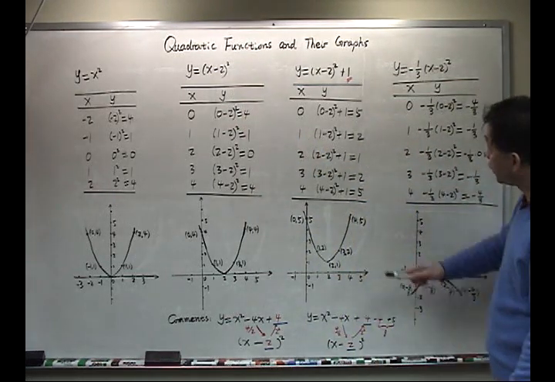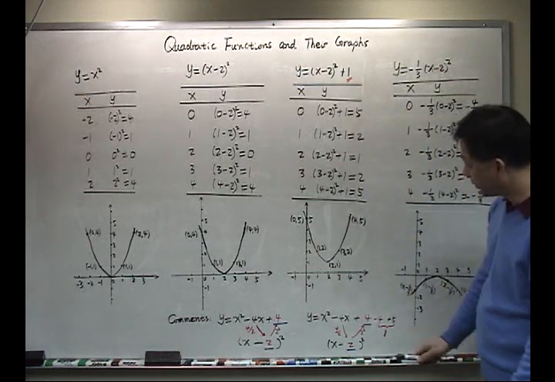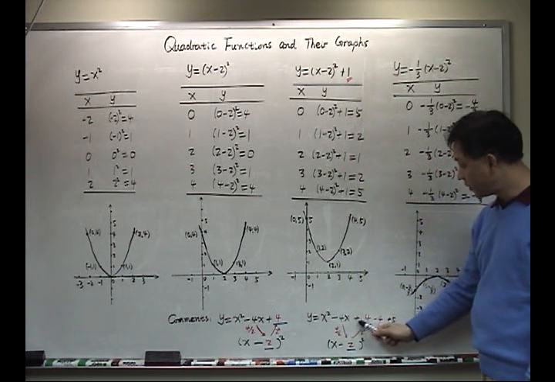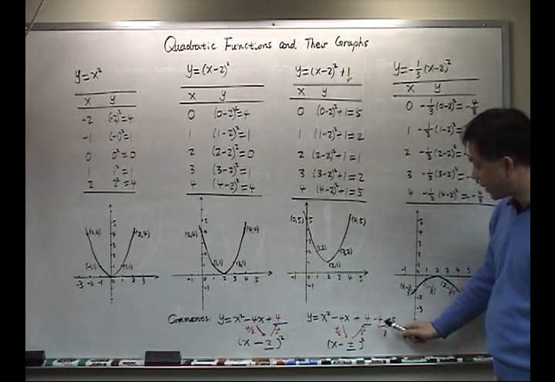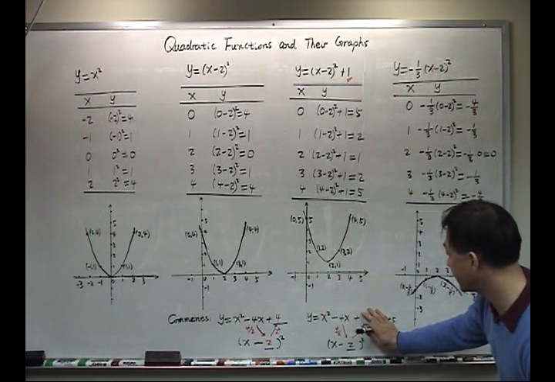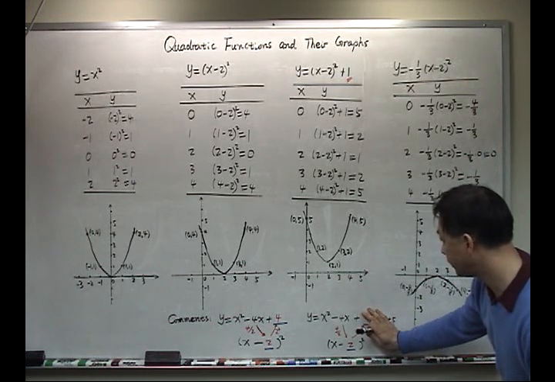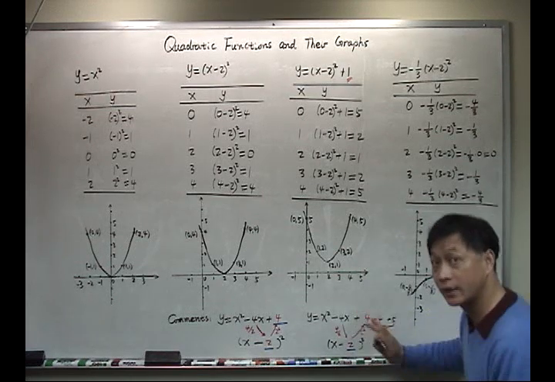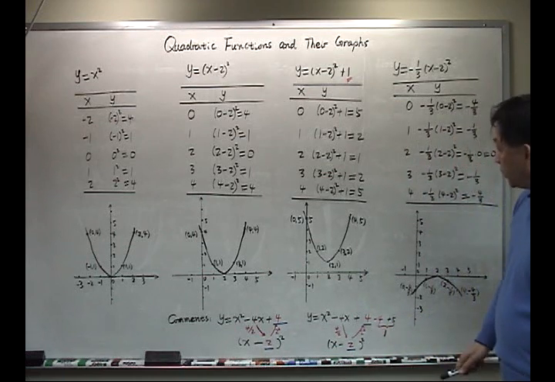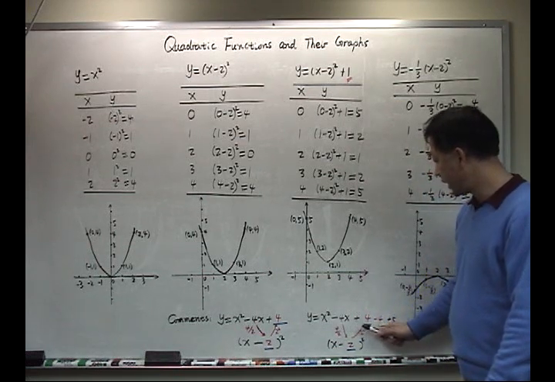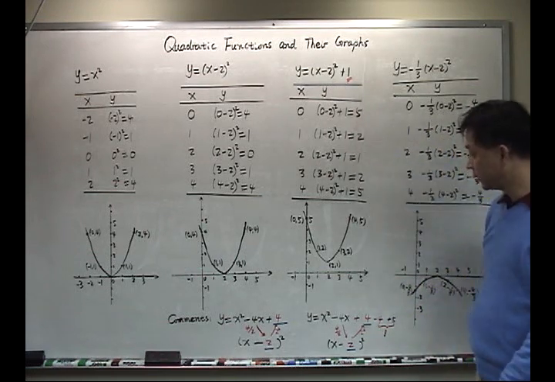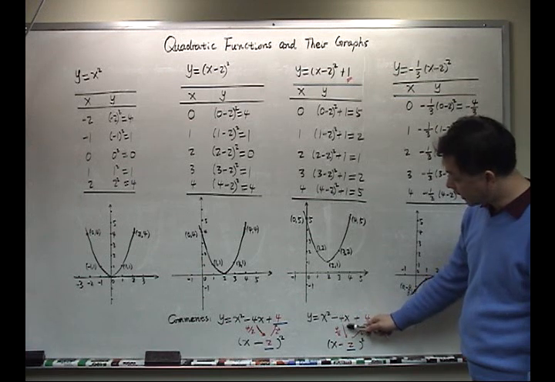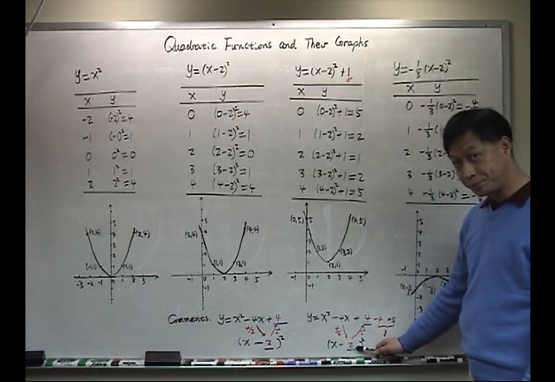Sometimes your function is not given in this way. Your function is given like x squared minus 4x plus 5, without these red numbers here. How to change x squared minus 4x plus 5 to that form? Again, 4 divided by 2 gives the complete square.